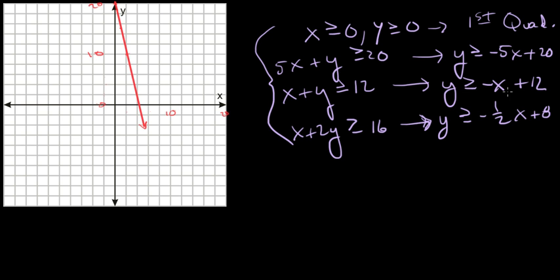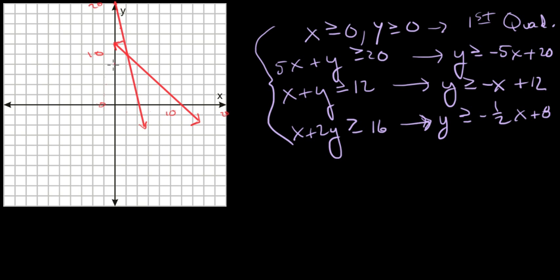The next one is y greater than or equal to negative x plus 12. So plus 12 is here, and negative x means I just go corner to corner. Got the same scale on both of them, so I just go corner to corner all the way down here. And remember, I'm only in the first quadrant, so I don't need to go too far here. Then the next one is y greater than or equal to negative 1/2 x plus 8.